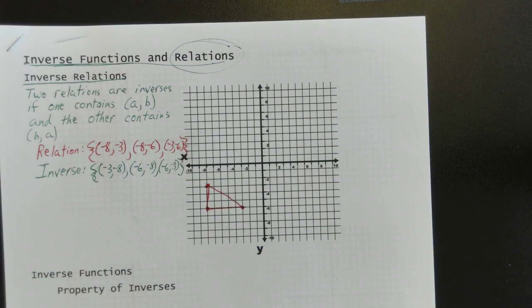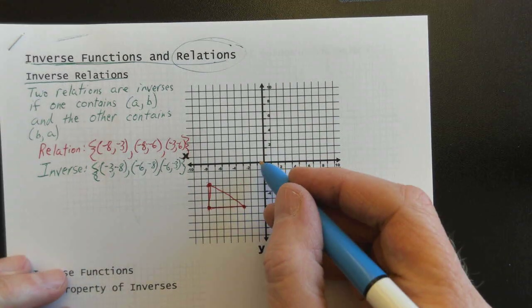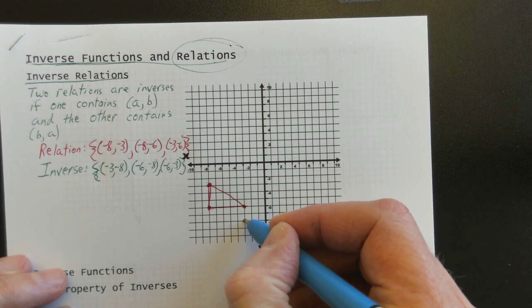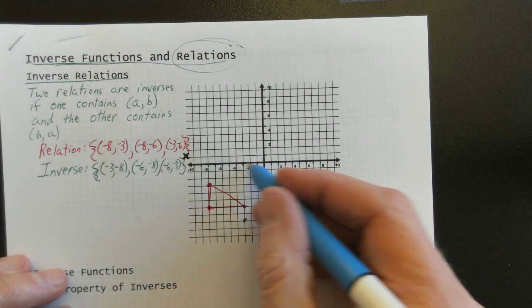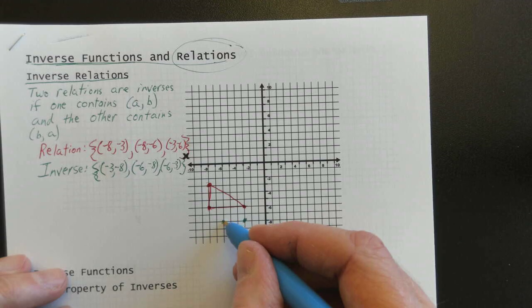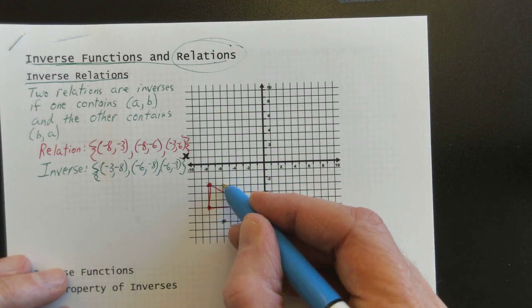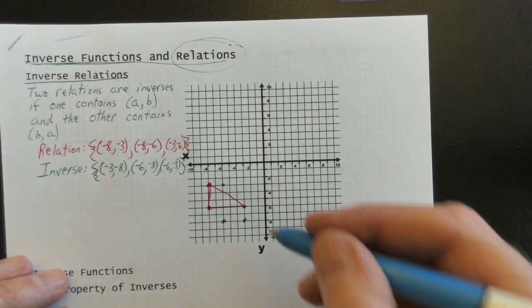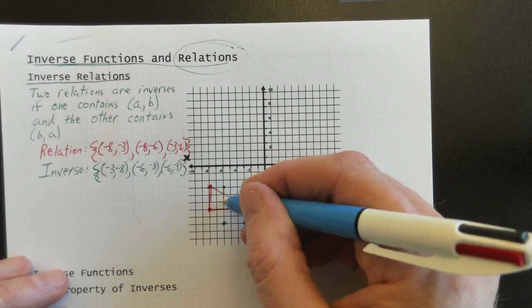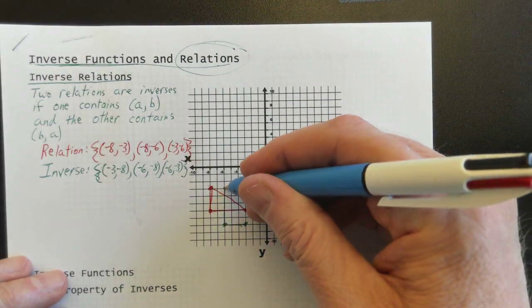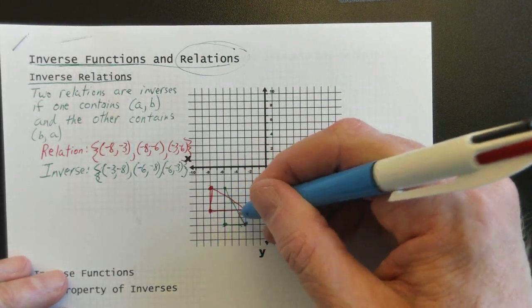All right. In green, let's graph the inverse. (-3, -8), (-6, -8), (-6, -3). And I'll connect those.